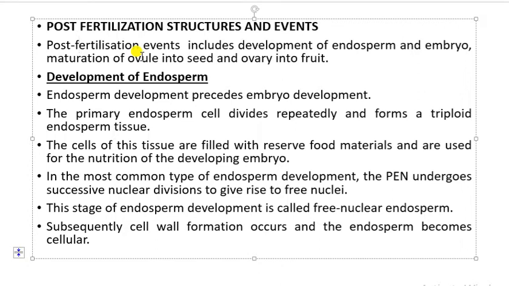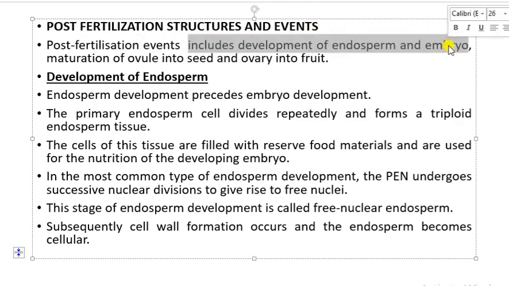So after the fertilization, the zygote formation takes place, and this zygote further leads to the development of embryo. But along with embryo, endosperm is also formed. So post fertilization events include development of endosperm as well as development of embryo.